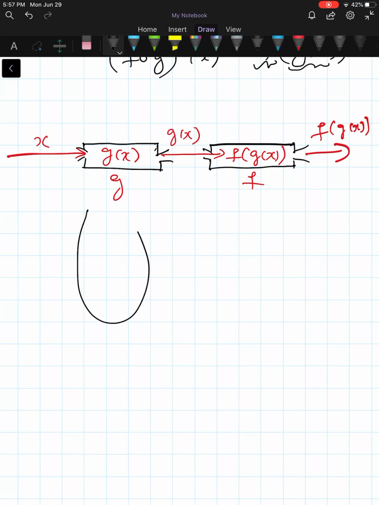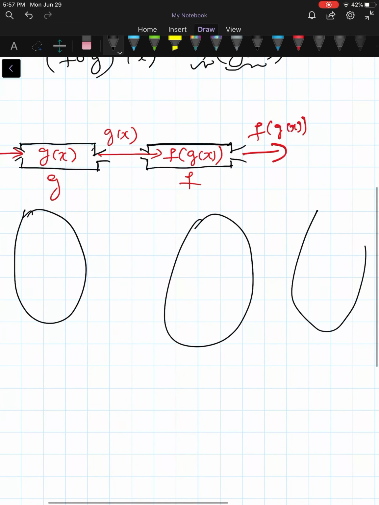If you have to draw an arrow diagram, you have three domains: this is the domain A, this is the domain B, and this is the domain C. Now you can see that composition is possible only when the codomain of g is the domain of f. Correct? B is the codomain of g and B is the domain of f.